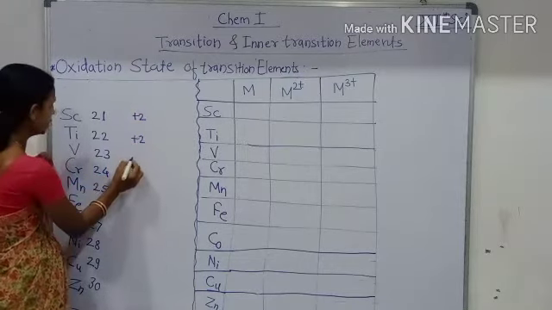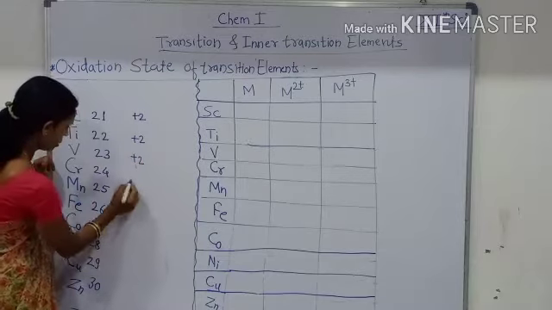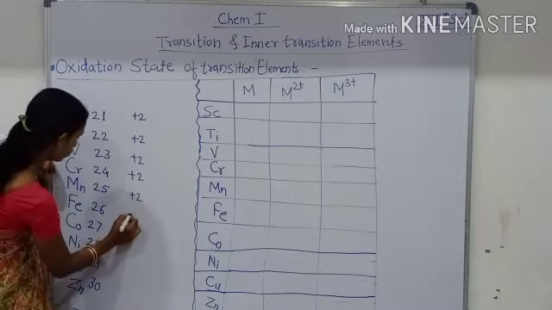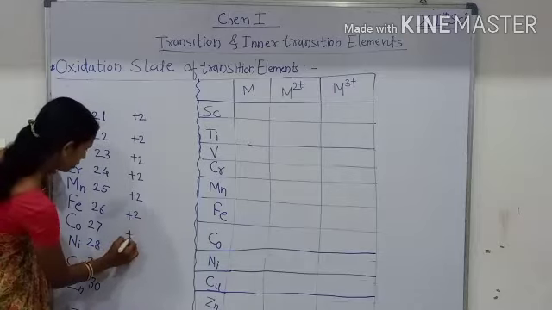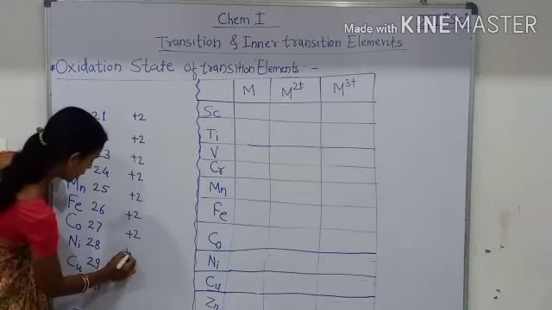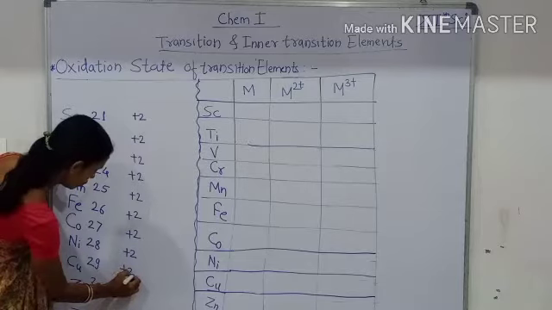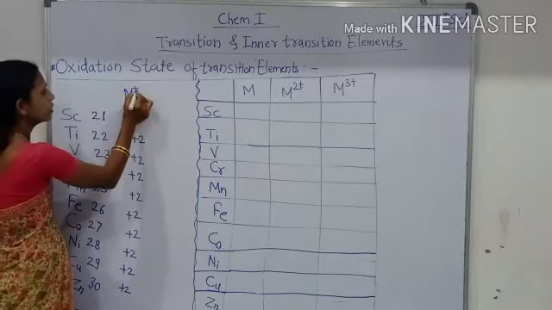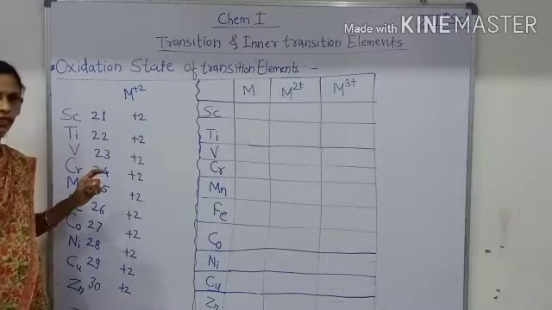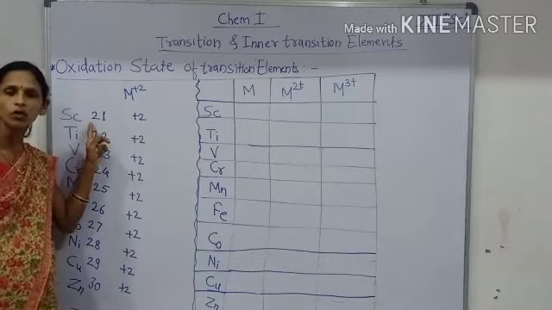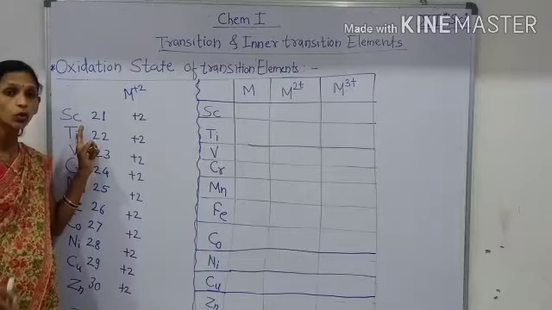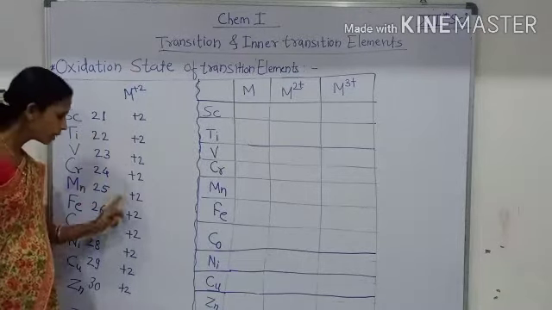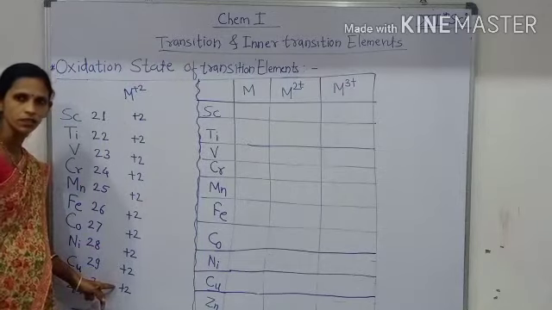All from scandium to zinc show +2 oxidation state. And all of you know the transition elements show variable oxidation states. When they show M2+ oxidation state, the atoms of those elements lose 2 electrons from 4s and show the +2 common oxidation state.